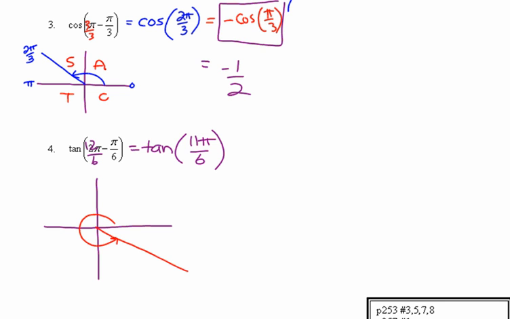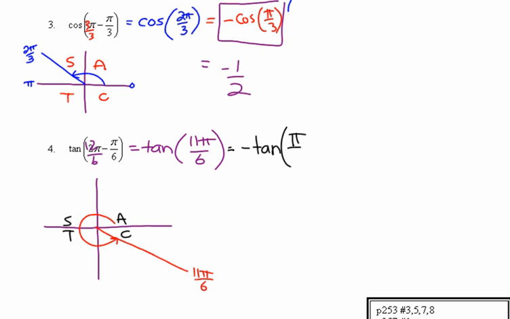So here's our 11 pi over 6. Now, we're dealing with the tan ratio. C-A-S-T. Will tan be positive or negative? It's going to be negative. Only cos is positive. So it's equivalent to negative tan of pi over 6.